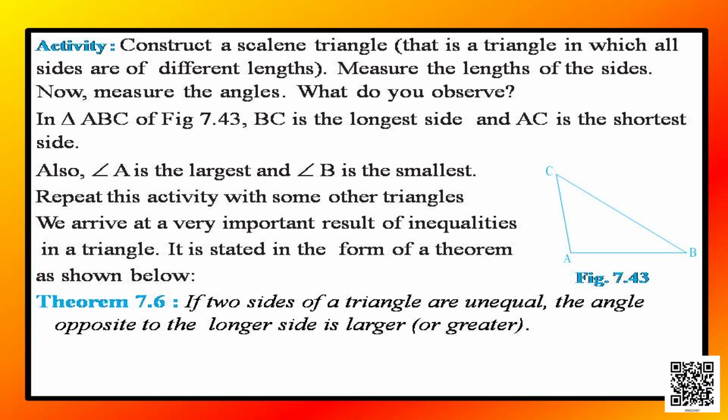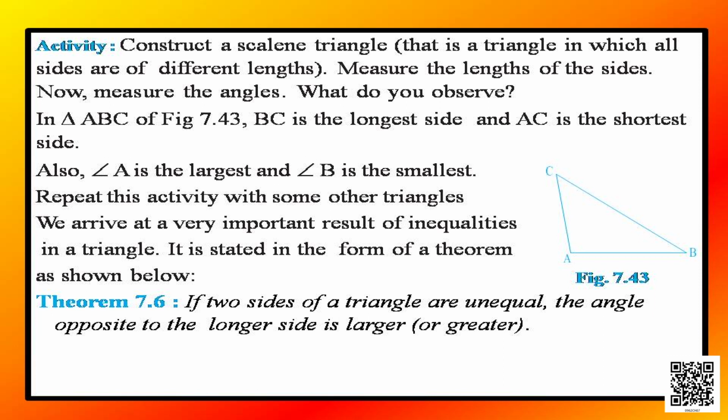That means if side BC is the largest side of your triangle and if angle A is opposite to side BC, then angle A will be the greatest angle of that particular triangle. Same way, if AC is the smallest side of your triangle, then the angle B, if it is opposite to side AC, then will be the smallest angle of your triangle.